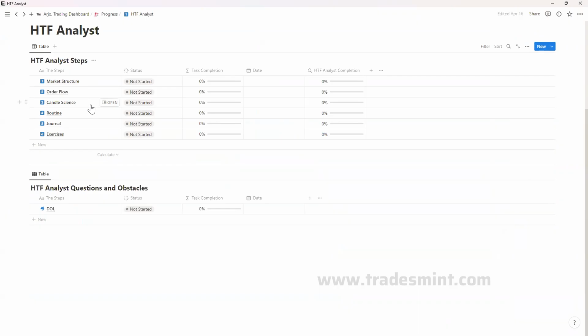Now, for the higher time frame analysis, I want you to mainly pay attention to market structure, order flow, candle science, as I explained yesterday, and like I will explain today, obviously. Mainly focus on these things.